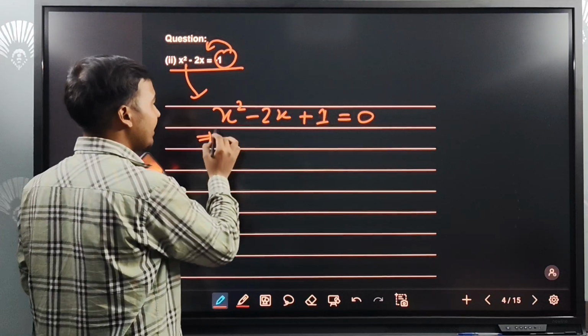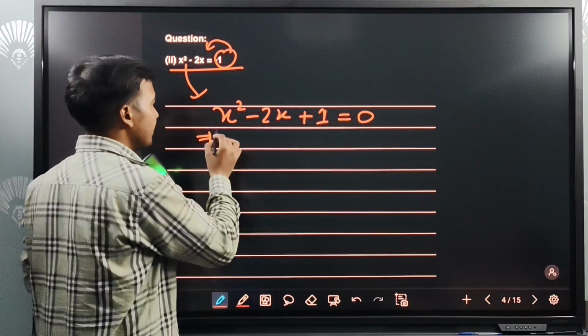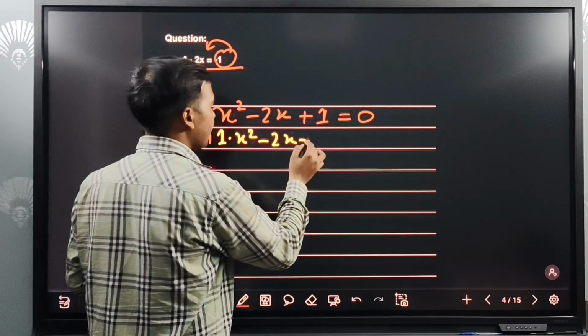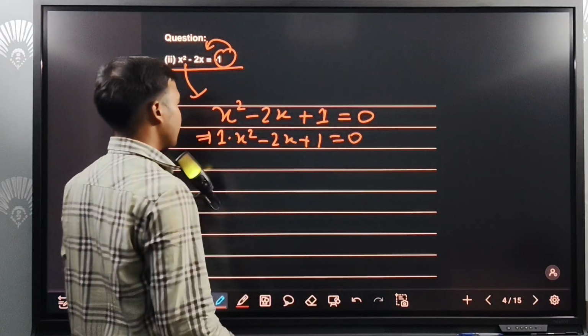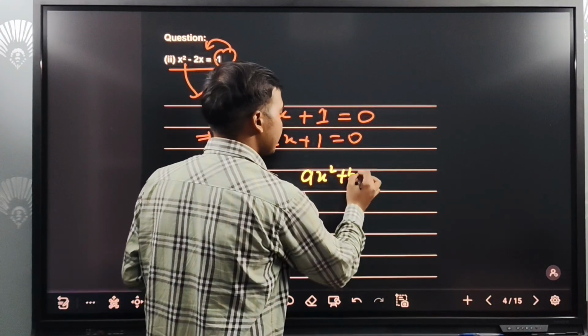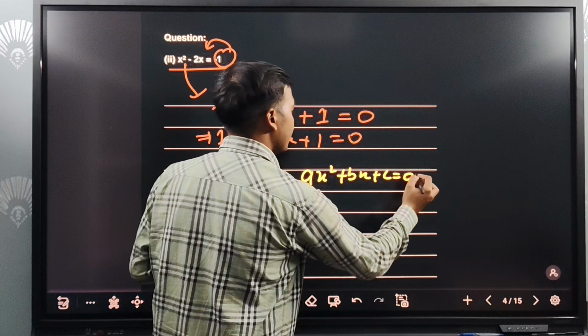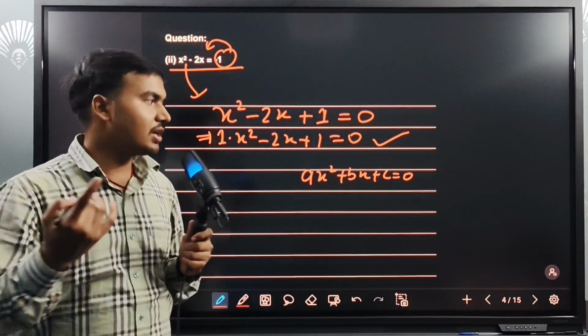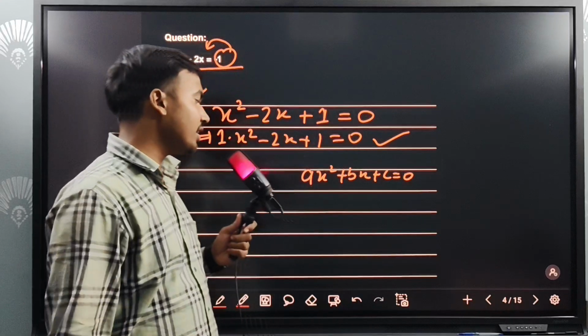You can also write it as 1 multiplied by x square minus 2x plus 1 equals 0. So it is of the form ax square plus bx plus c equals 0, so it is a quadratic equation.